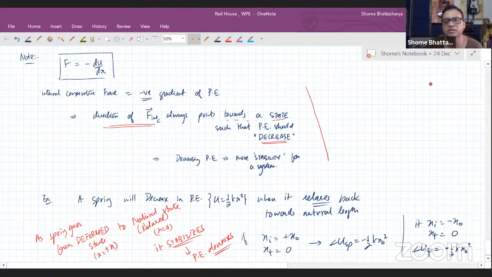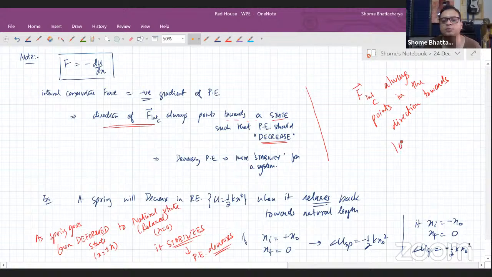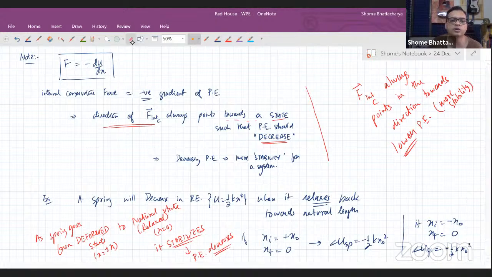Okay, so internal conservative force in any system always points in the direction towards lower potential energy, therefore more stability. I've given you the example of the spring's potential energy formula to explain, but we will also understand this from a general graph.